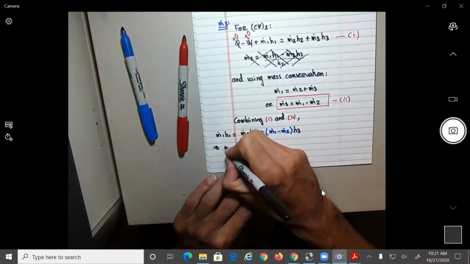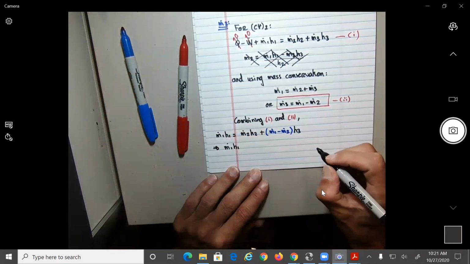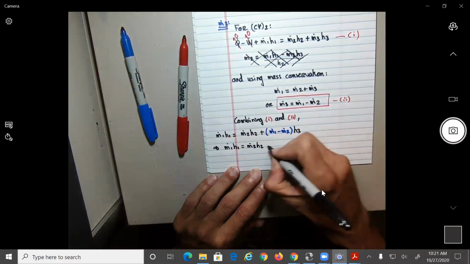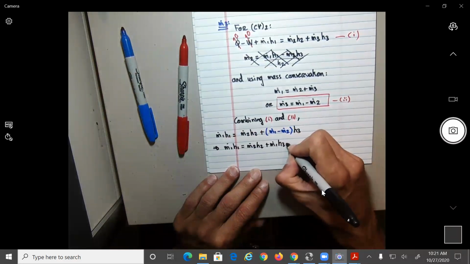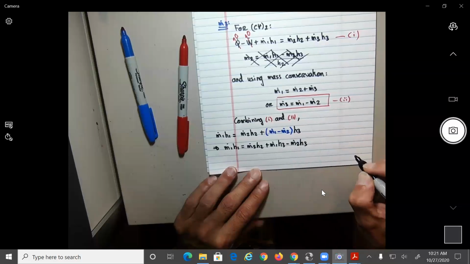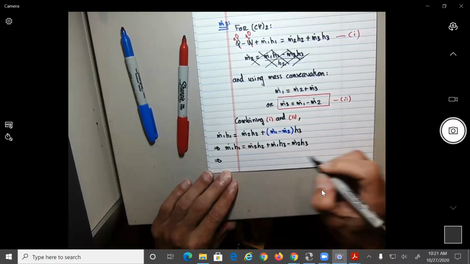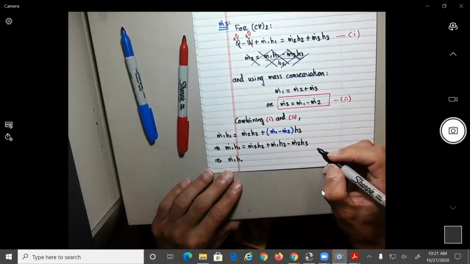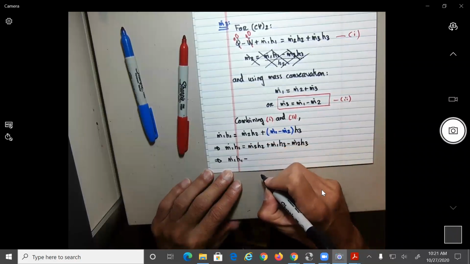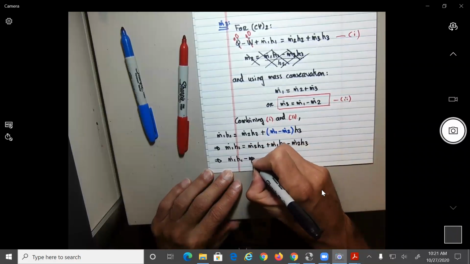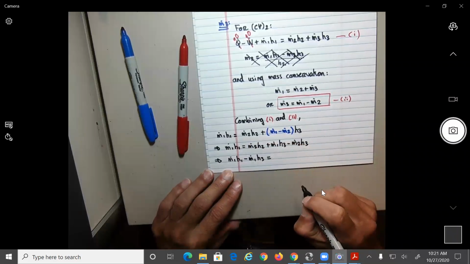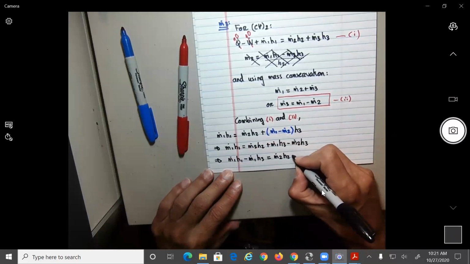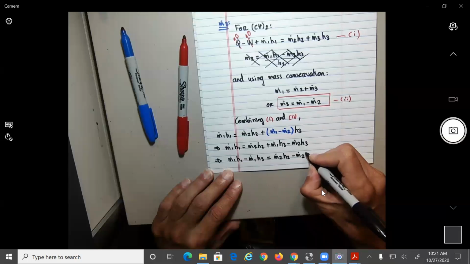So if I do some minor algebra, it would be M dot 1 H1 minus M dot 1 H3 will be equal to M dot 2 H2 minus M dot 2 H3.